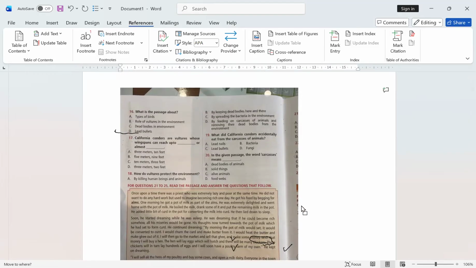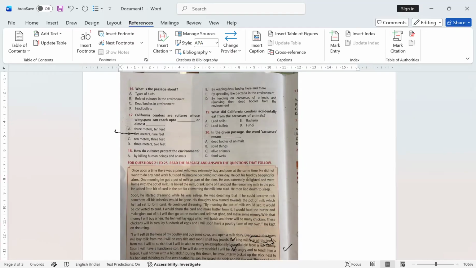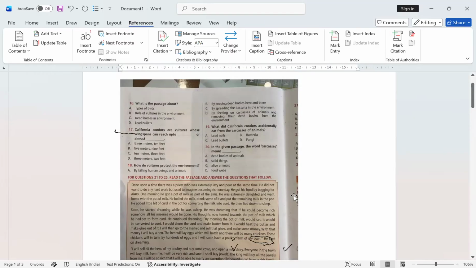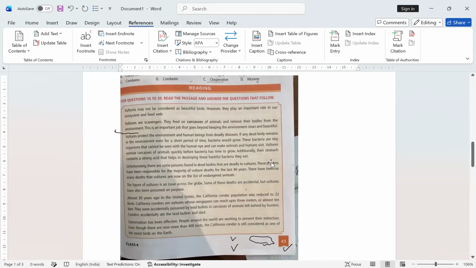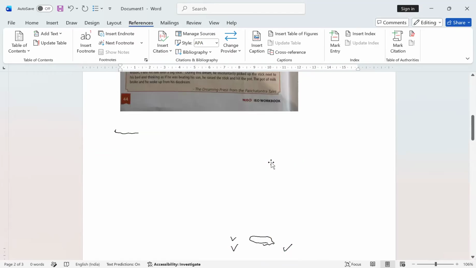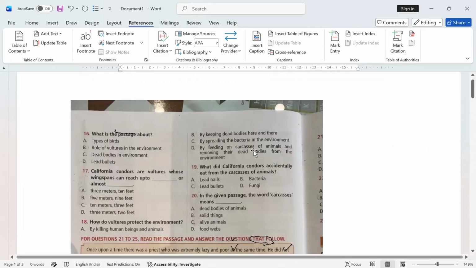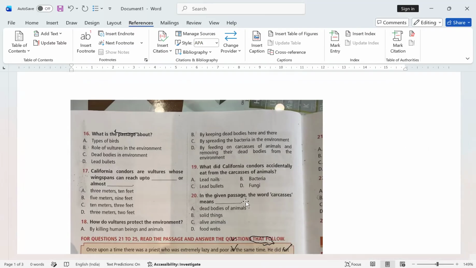One second. So see, this is the passage and this is the question. This is question number 16. So Tanishq, two passages. 16 to 20 and then 21 to 25. There would be two passages. One would be fiction, the other one would be non-fiction.